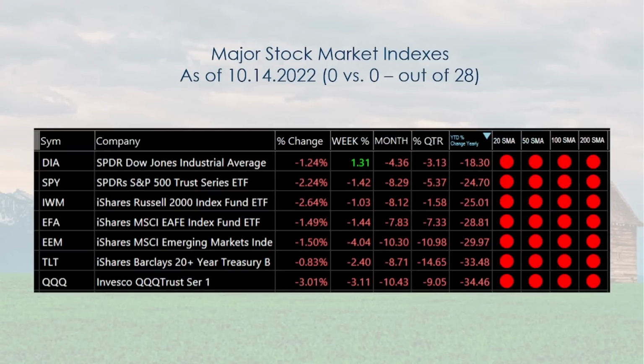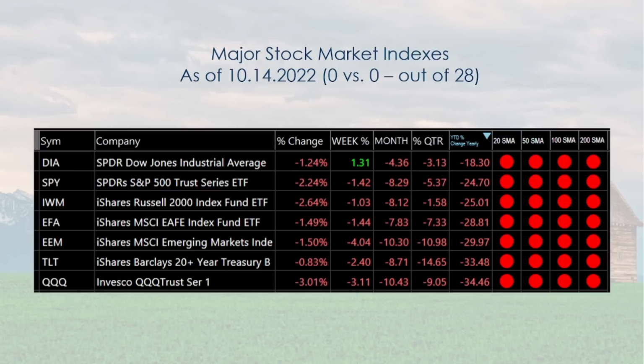Okay, to the dashboard. This is an unusual dashboard to see, all red. It was all red last week. So this is measuring the 6 major equity indexes and the bond index of 20-year government bonds. Going from best to worst, top to bottom, I will show you what they are.